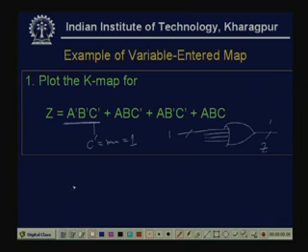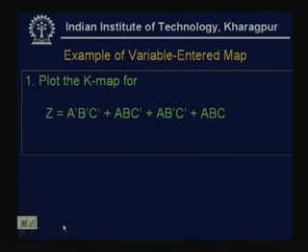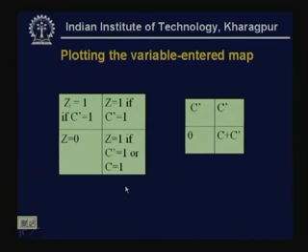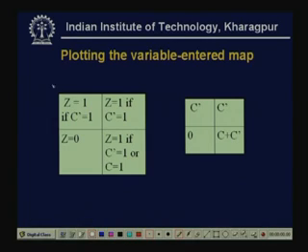So, in this way what we can tell that this is actually my A dash, B dash, C dash. So, if I see this is a 3 variable function, but I am drawing it as if 2 variable A B, and I am taking C as my variable or map.